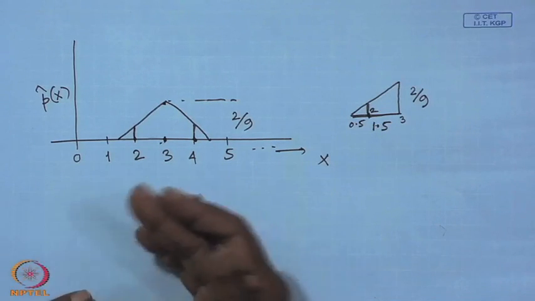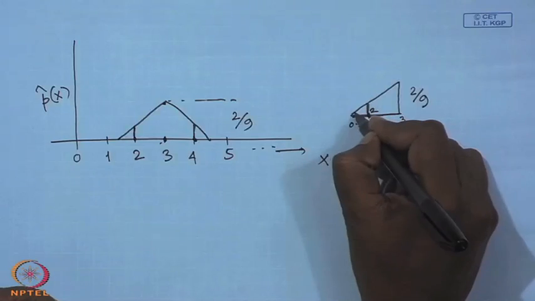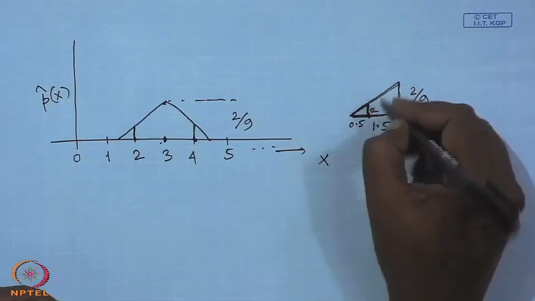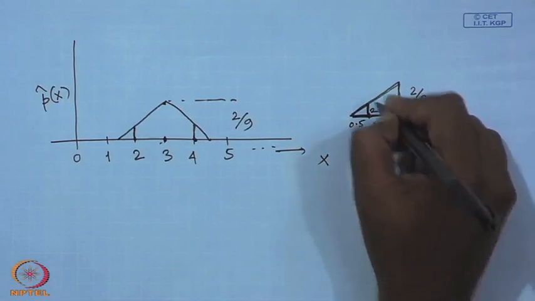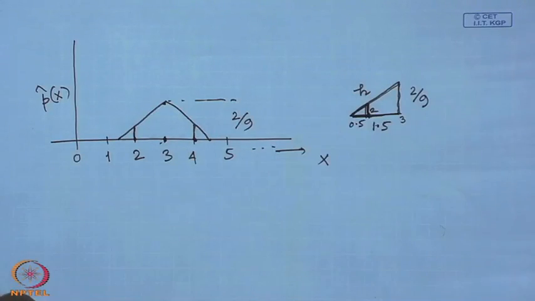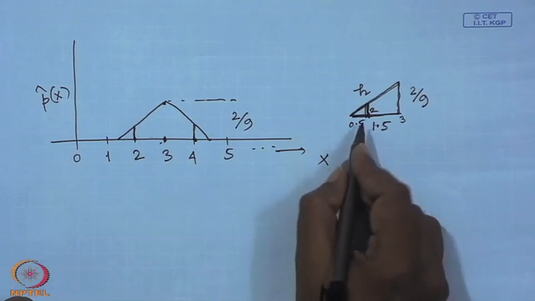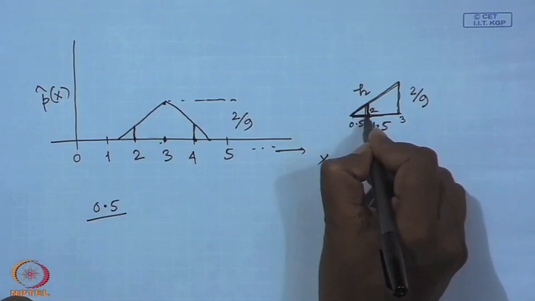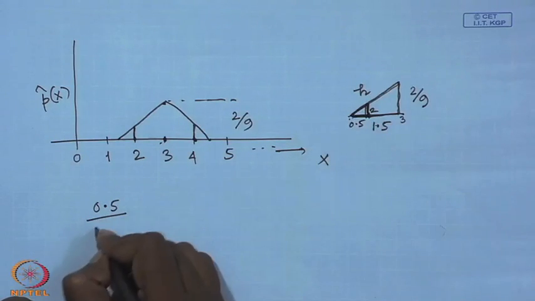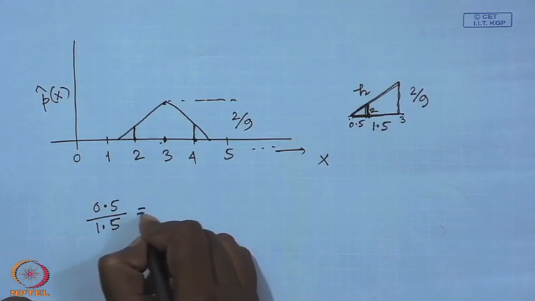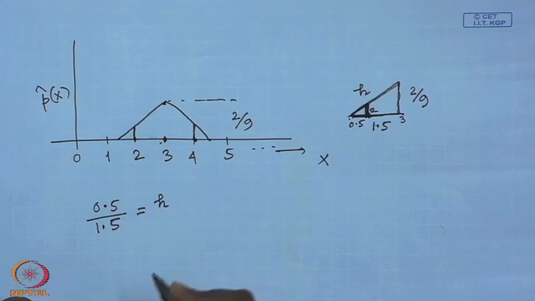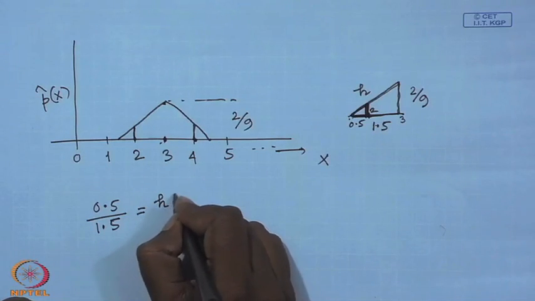Now if you follow the properties of the symmetrical triangle, you find that I get two triangles over here, one triangle is this and one triangle is this, and these triangles are symmetrical. So, if this height is h, following the properties of symmetrical triangles, I can immediately say that 0.5 upon 1.5, that is this length upon 1.5, is equal to h upon 2 by 9.